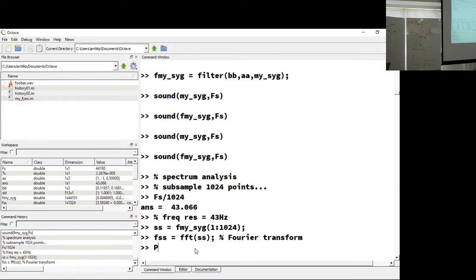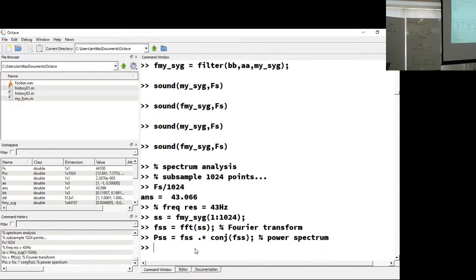And then the power spectrum PSS, the power of that signal, is actually that FSS multiplied cell by cell with the complex conjugate of FSS. Another way would be to calculate the second norm. That would be the same thing. But this is the power spectrum.